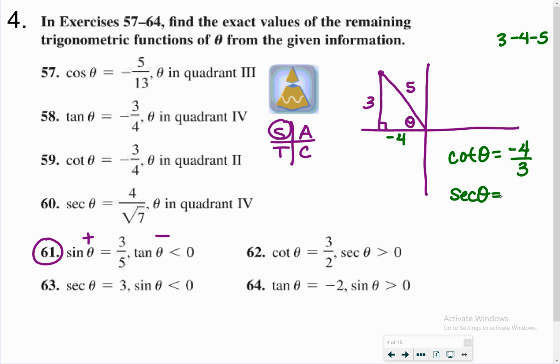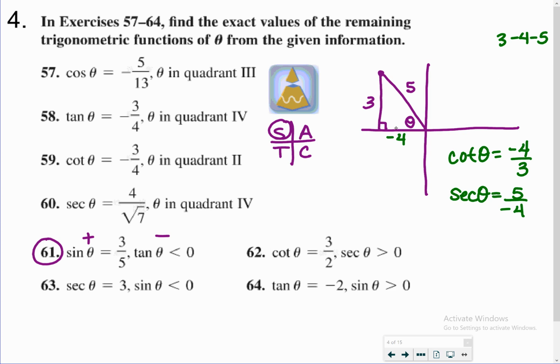Hypotenuse over adjacent, so negative 5/4. Wait, why is that negative? It doesn't matter which one's negative in a fraction. Why does that have to be negative? Because the 4 is of course negative, because it has to be in quadrant 2, because all students take calculus.